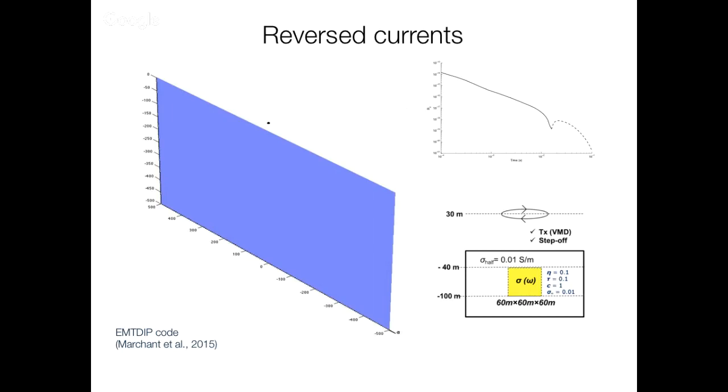What's going to happen is that the primary field is going to generate chargeabilities. They're going to have polarization currents that are going to be built up in a block, and then those are going to subsequently decay.